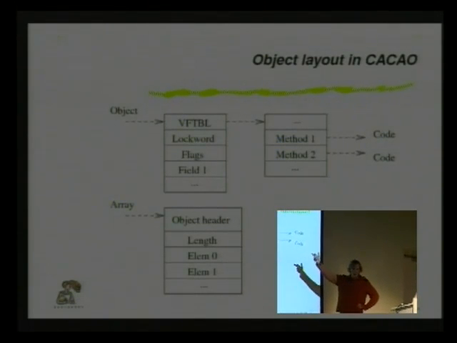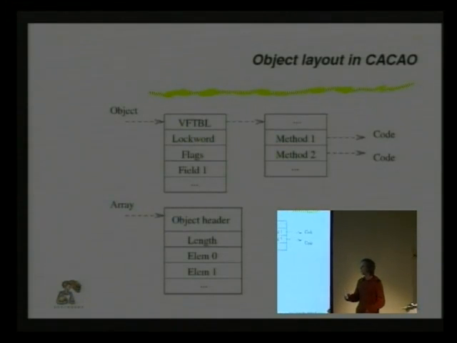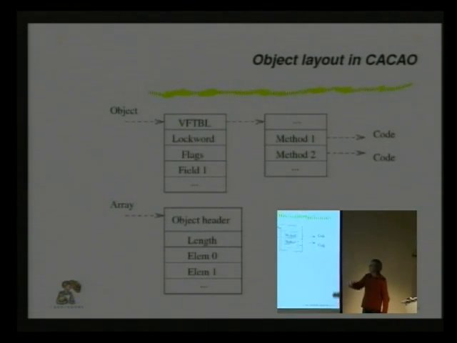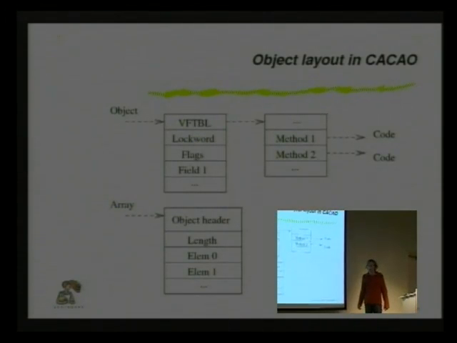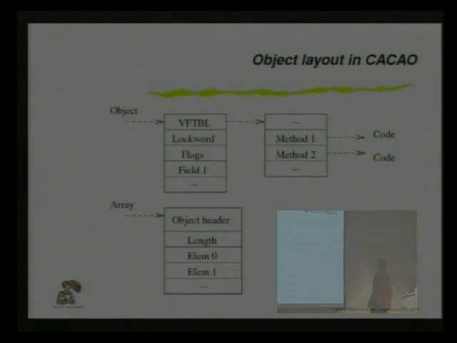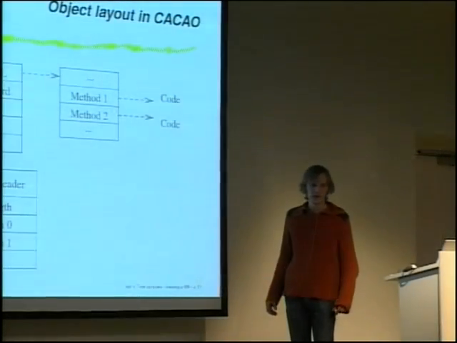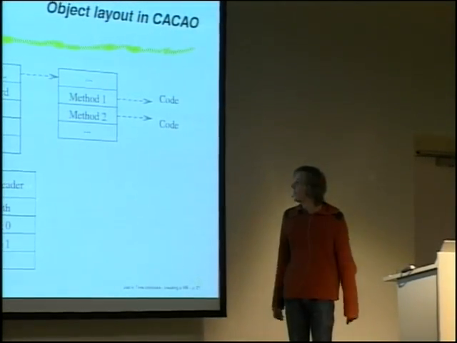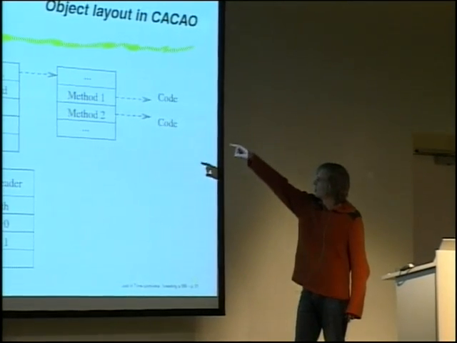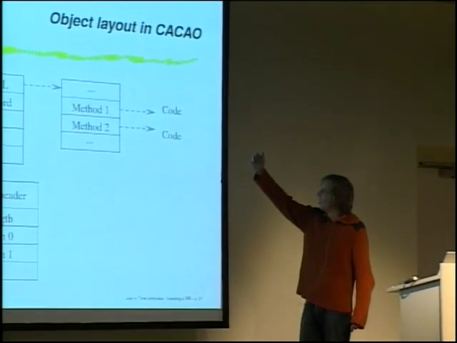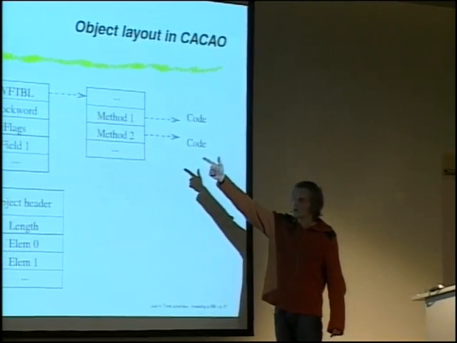If you have the object pointer and invoke, say, object toString, first the virtual function table pointer is loaded from offset 0 of the object pointer. Then the name of the method is converted to a method index, and this index is used to load the entry point of the method from this virtual function table.